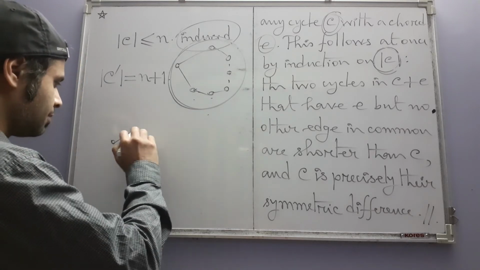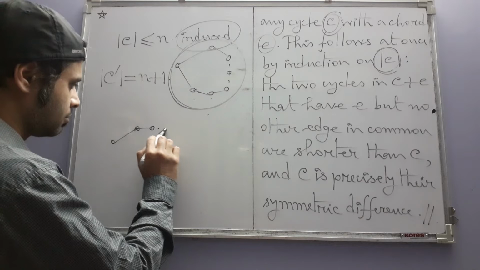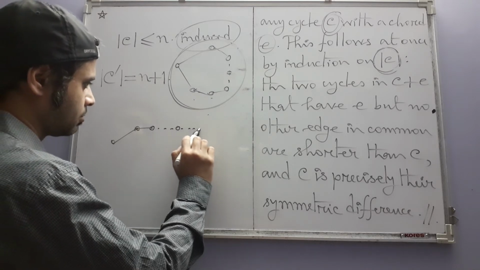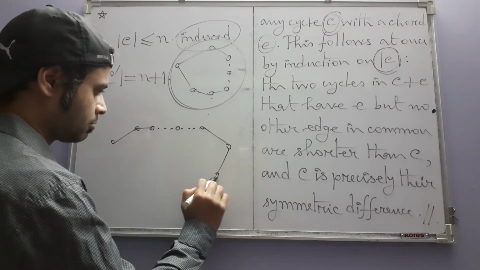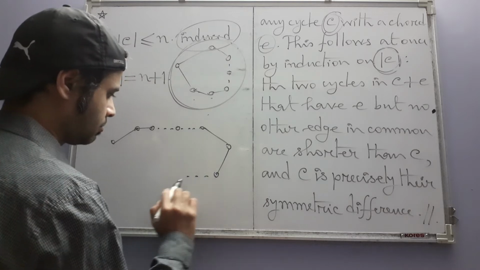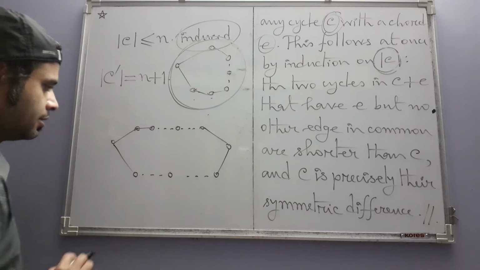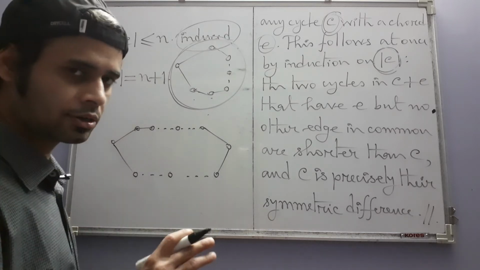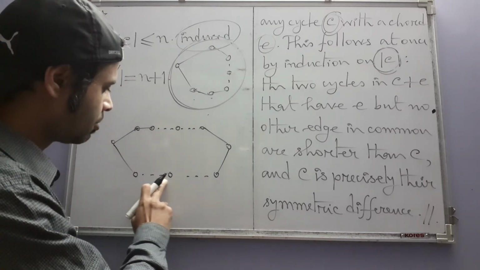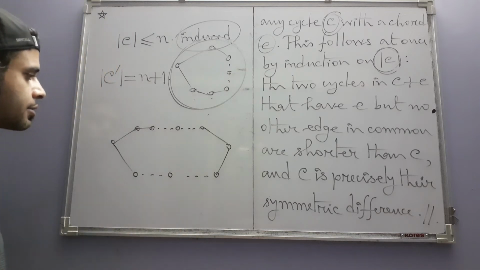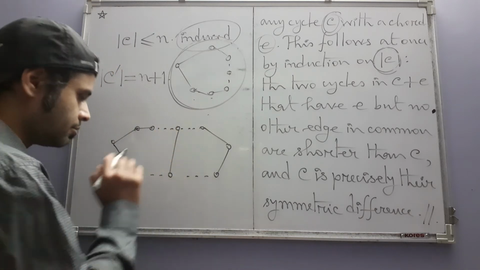Say your C prime looks like this. It may look like a hexagon, but you understand due to the presence of this dot dot dot, it's not necessarily a hexagon, which has a chord.